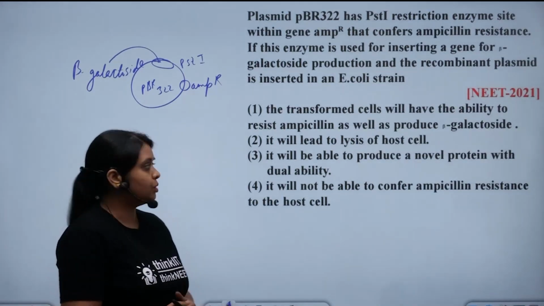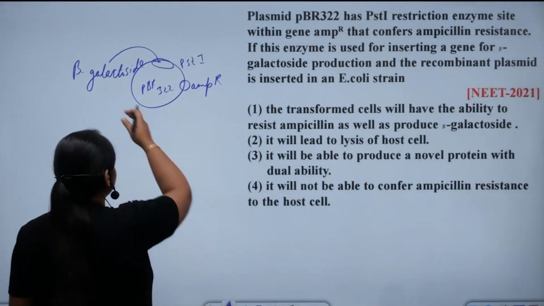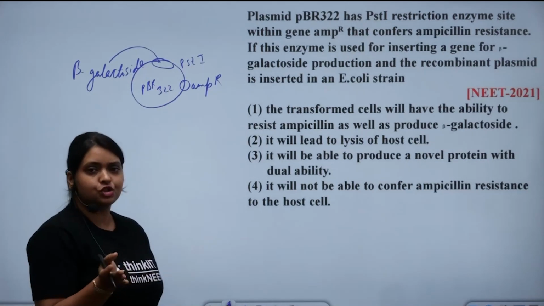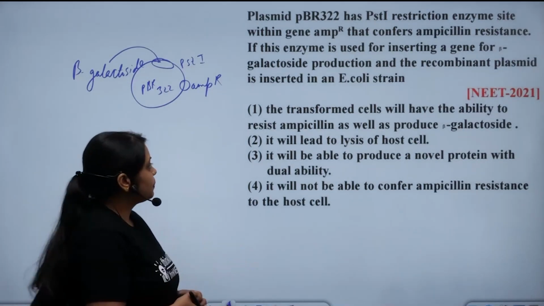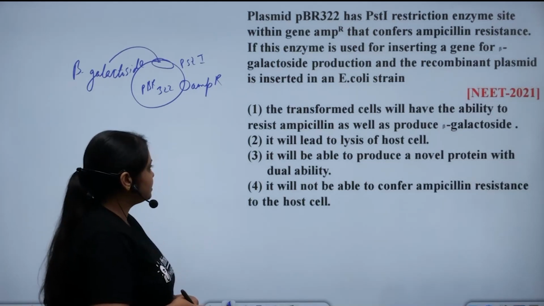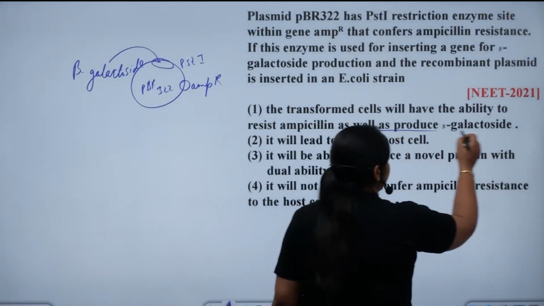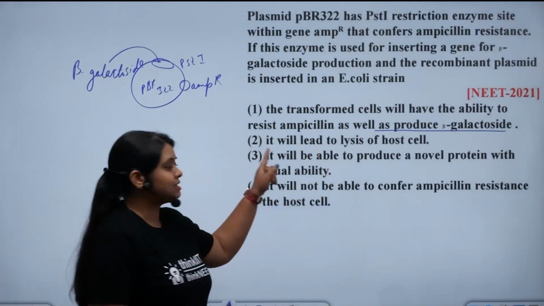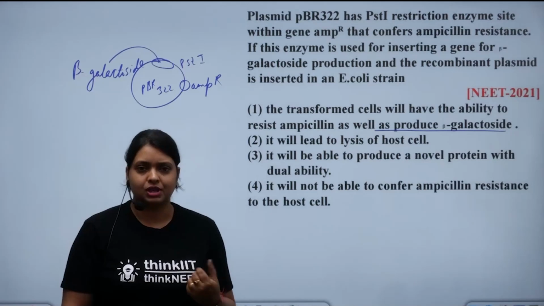Let's move on to the options. First option is saying that the transformed cell, that means after the insertion of the beta galactosidase gene, will have the ability to resist ampicillin as well as produce beta galactosidase. Now it will produce beta galactosidase, this is correct, but it will resist ampicillin, this is not correct. So we can't go with option number 1.